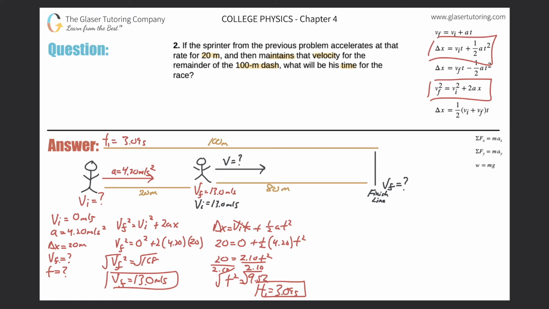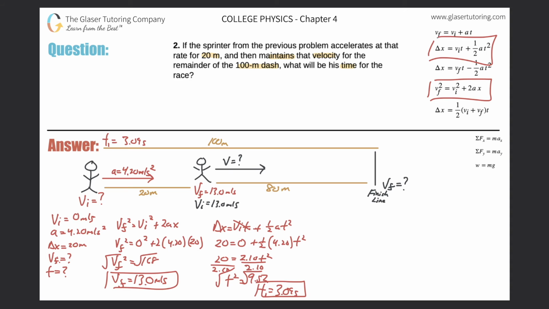All right, great. Now why don't we solve for the time that it took to go from this point, in which he reached a velocity of 13 meters per second, and now he's going to travel at a constant velocity, the problem said, until he reaches the finish line. So the initial velocity here is constant, which means the initial would be the same as the final over here, and it also means that it's the same as the average.